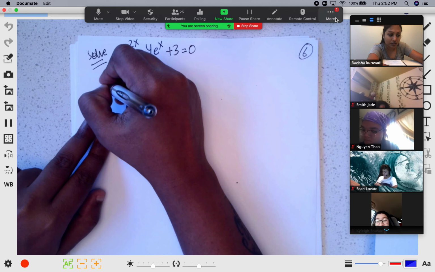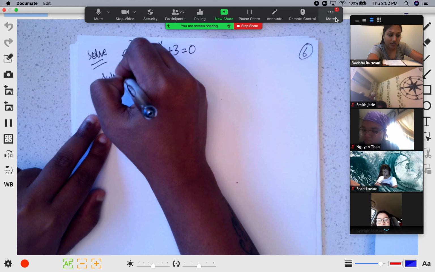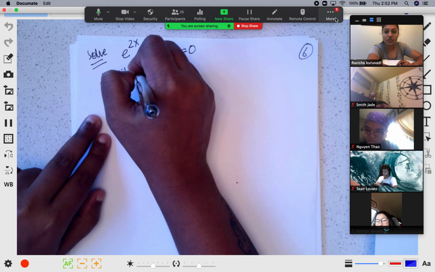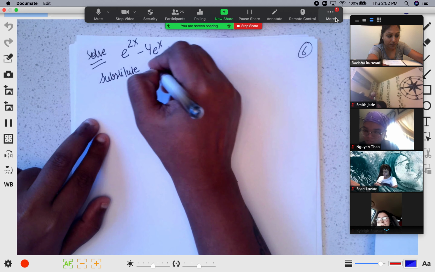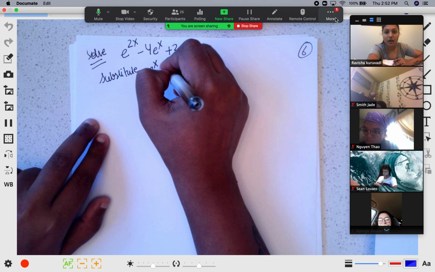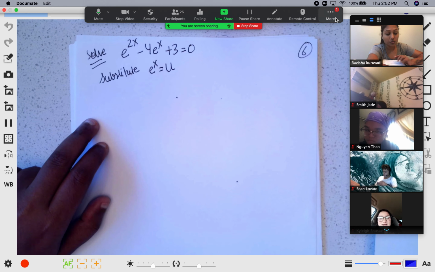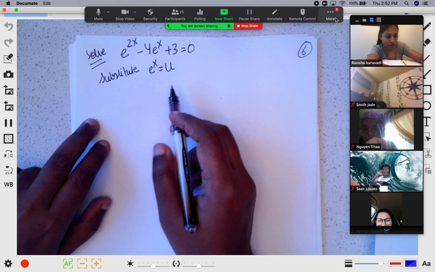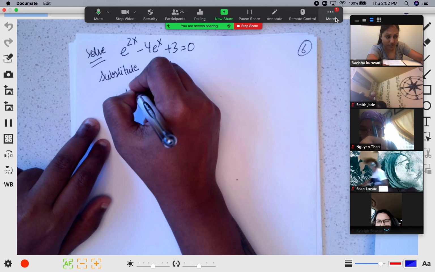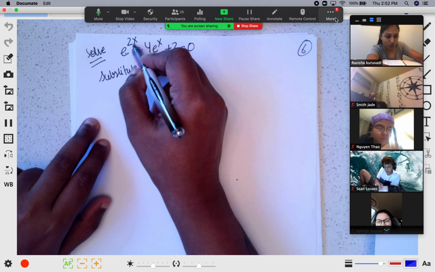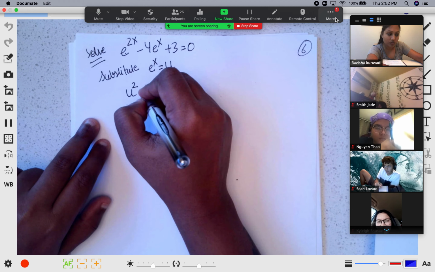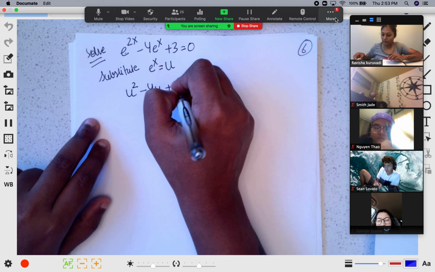First step will be substitute. I substitute e to the power of x as u. When I substitute, it becomes u to the power of 2, because e to the power of x became u. You are left with u to the power of 2 minus 4u plus 3 is equal to 0.